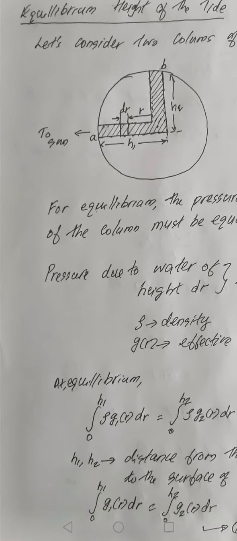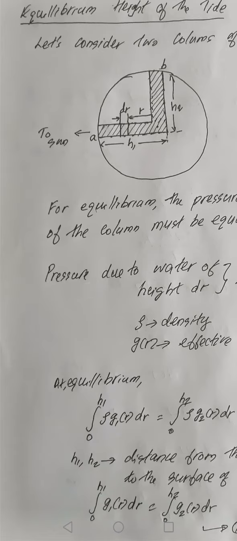This is our situation. From a distance r, I have chosen a small column dr. Both are the same liquid, water, so its density rho is constant.